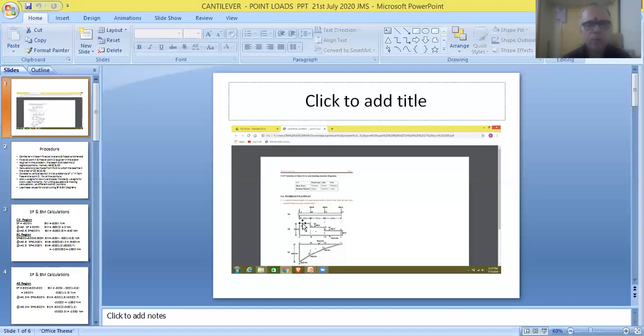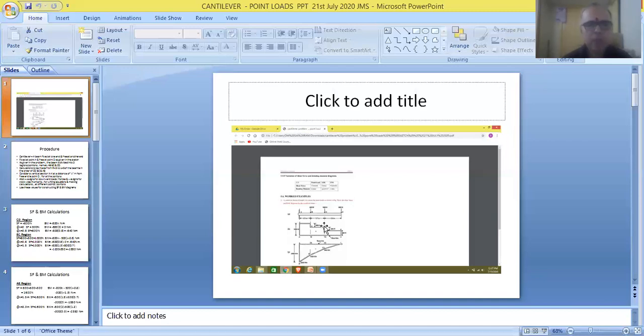Now, looking at this figure, we can very easily make out that the forces are acting in downward direction. Before that, we have to mark the various points of this particular cantilever beam.